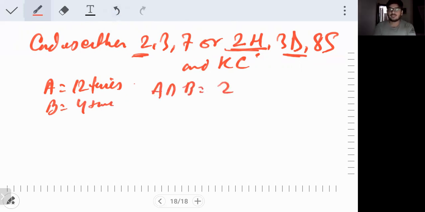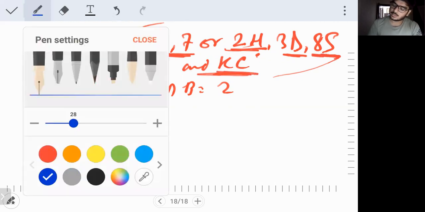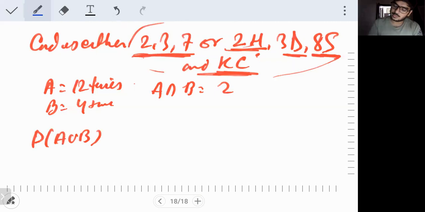If we are asked what is the probability of A union B, that means all of this will occur. We will have 12 cases of A and 2 left cases, that is the 8 of spade and the king of club.